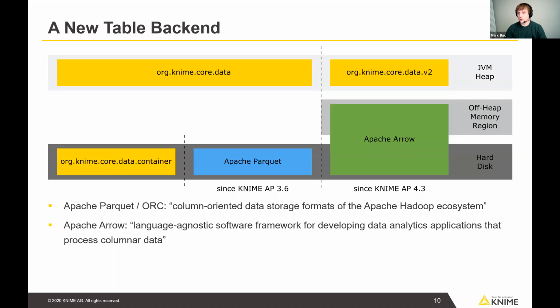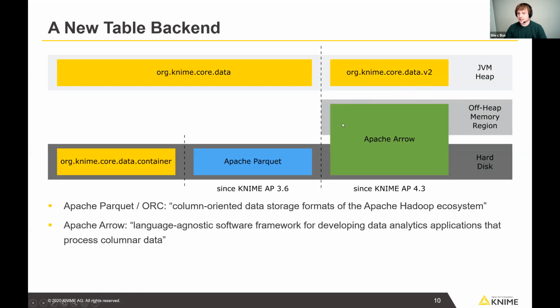So this is more of an in-memory columnar storage format. And so it is a whole different animal. And even though it shares with the old Parquet extension that it's a columnar data format, which allows us to access just pieces of a table, just particular columns or a particular range of rows, it is a completely new animal for us.